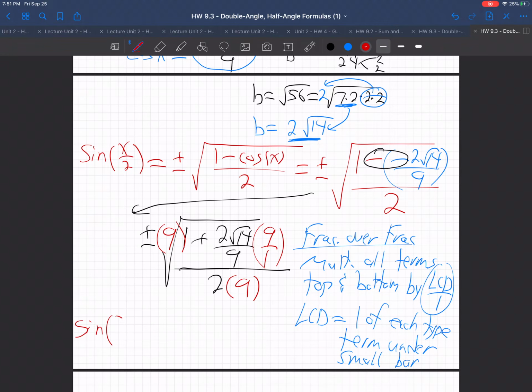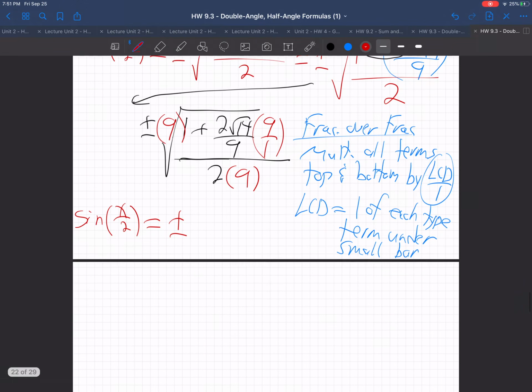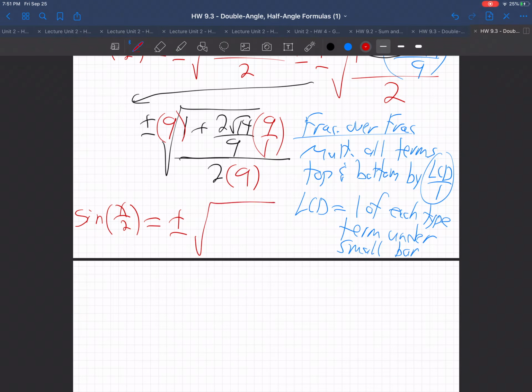So this means sine of x over 2 is plus or minus square root of 9 times 1, 9, plus, these 9's cancel, 2 root 14 all over 2 times 9, 18. Okay, now we're going to come back to the plus or minus in a second. Let me get the other ones, and then we'll get all the plus or minus signs.